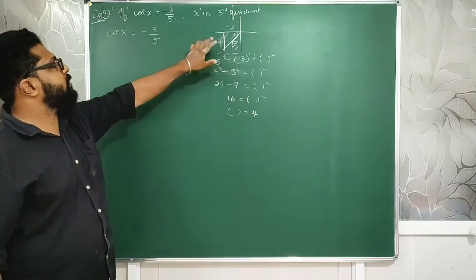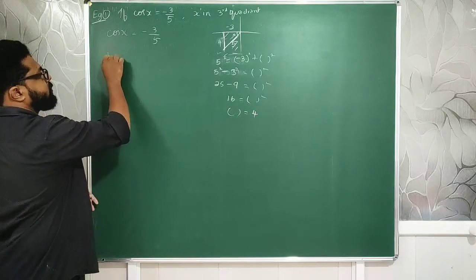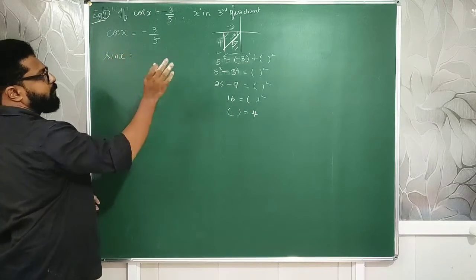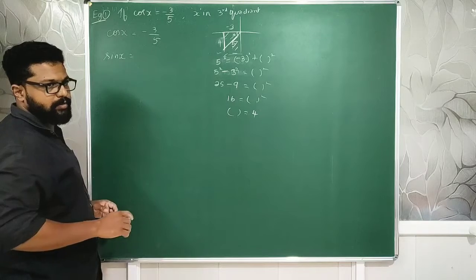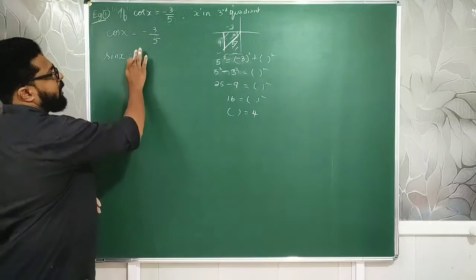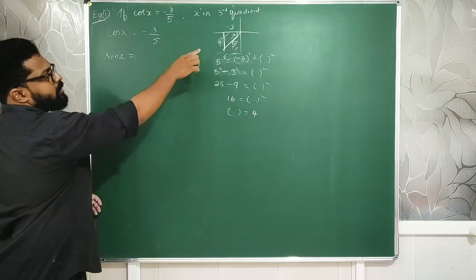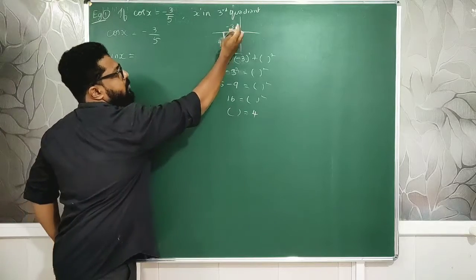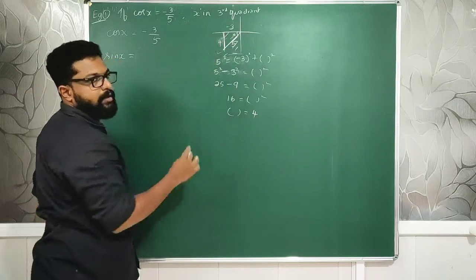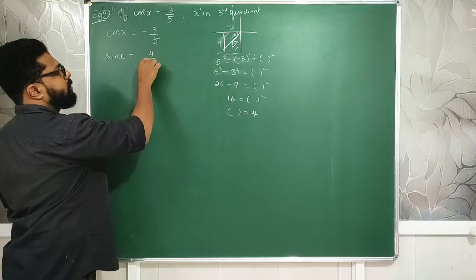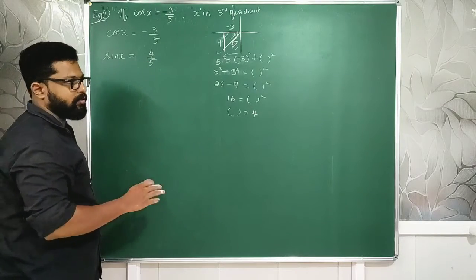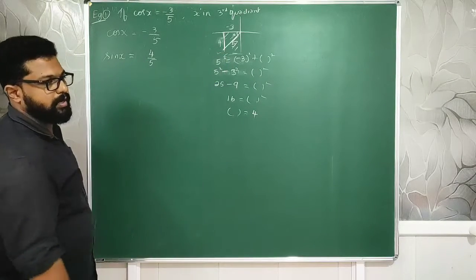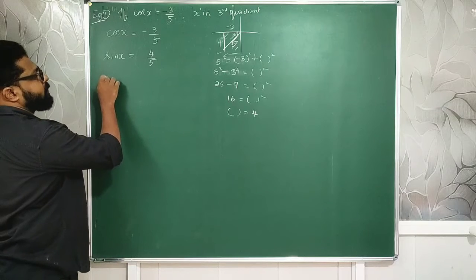Now I can easily find the remaining trigonometric functions. Forget about the signs for now; I'm leaving a space for them. Sine x is opposite by hypotenuse, which is 4 by 5.